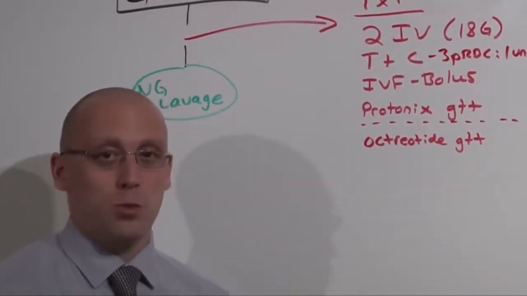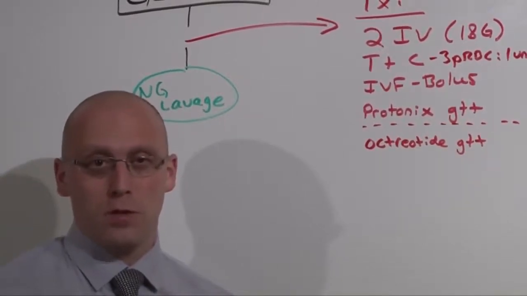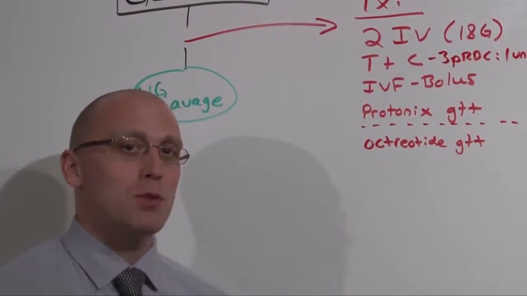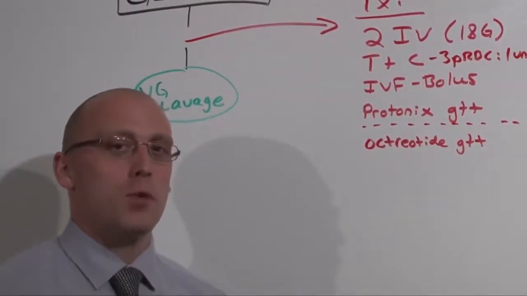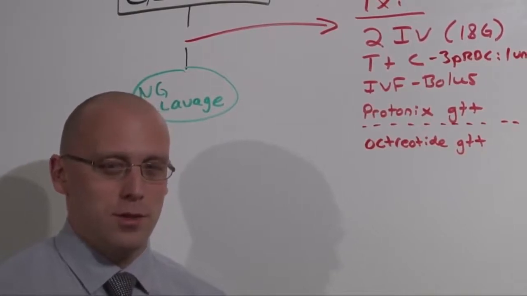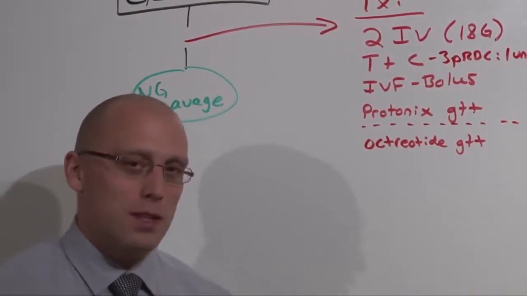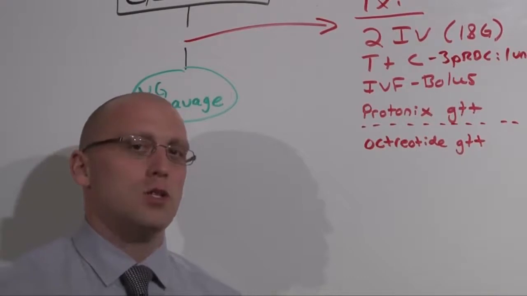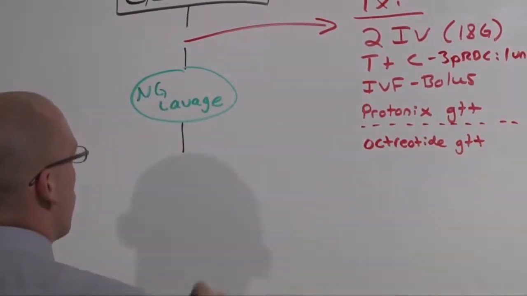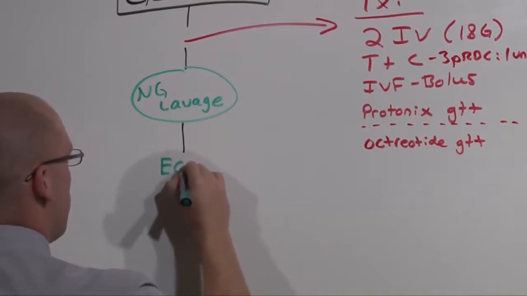Right now, in actual practice, you'll get a plus minus for the NG lavage depending on which fellow or attending you talk to. Up to 30% of upper GI bleeds have a negative NG lavage, which means that regardless of whether the NG lavage is positive or negative, the test that comes next is probably going to be an EGD.